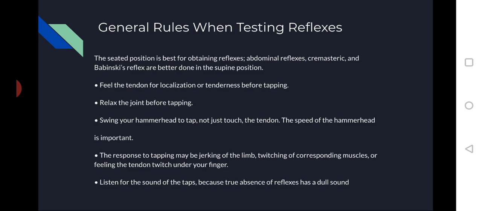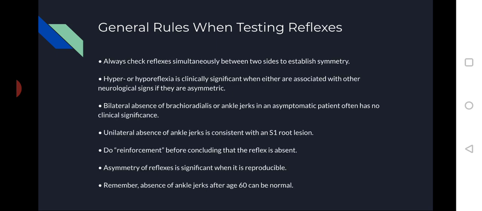When we test the reflexes, it can be really hard to test them well. We have a couple of groups of reflexes that we test, for example with this hammer that we talked about earlier. When we test the stretch reflex, we need to relax the joint before tapping, feel the tendon, and swing the hammer head to tap. Generally, you need to see it to know how to do it.